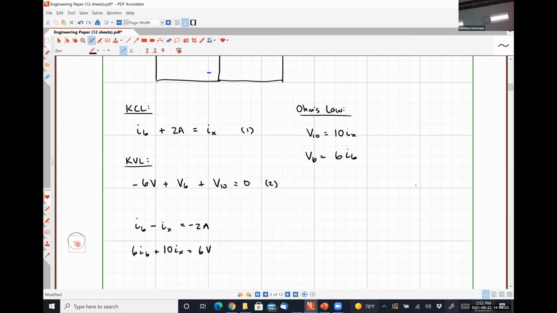So I have a system of equations that I can now solve. Those of you who know how to use the system solver on your calculator, please tell me what value I would get for I6 and Ix.